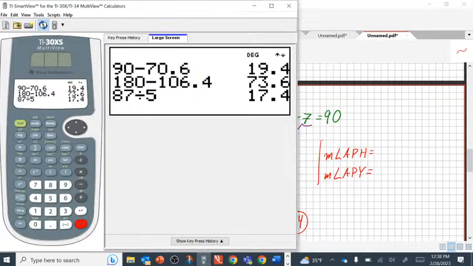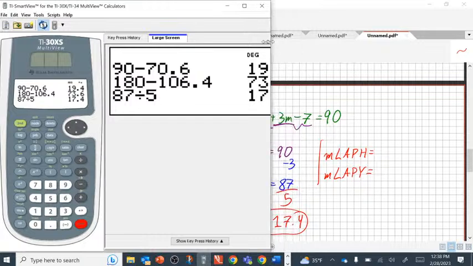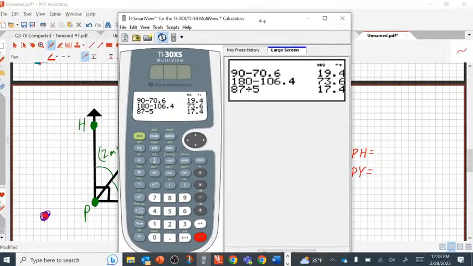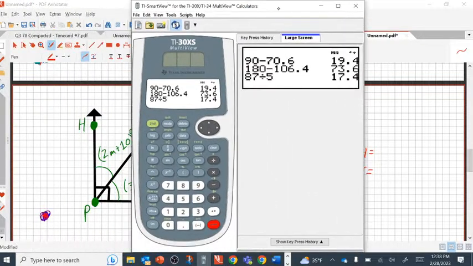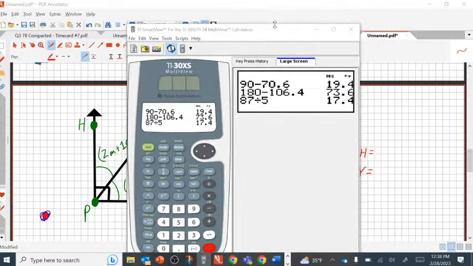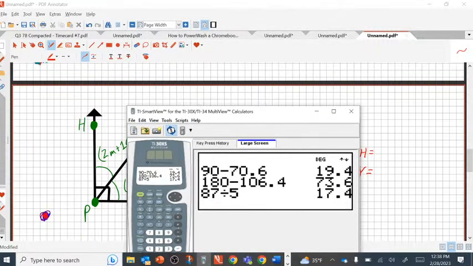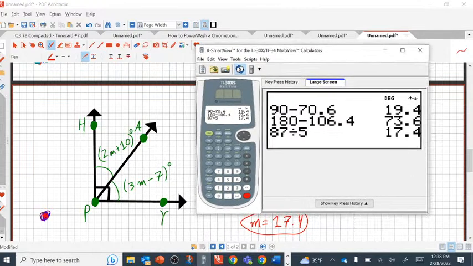So here we go. Now that we know that m is equal to 17.4, I'm going to go ahead and replace my m from one of these with 17.4.